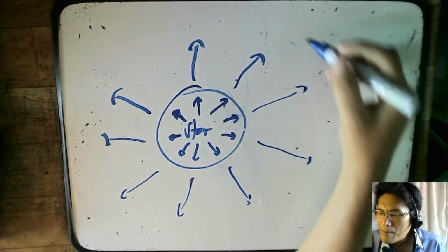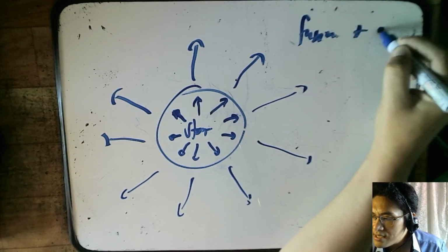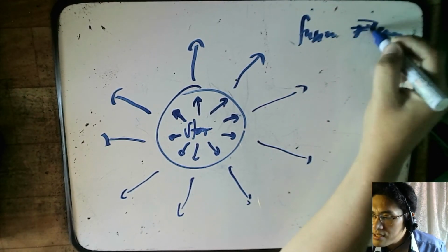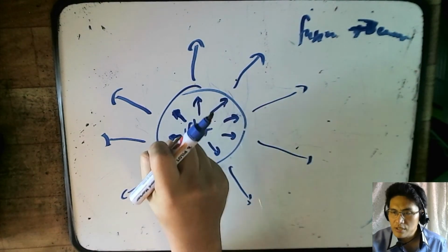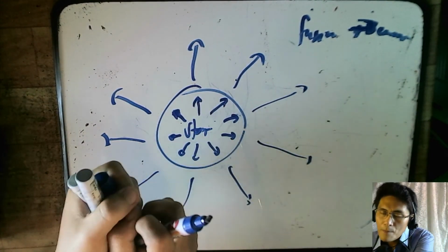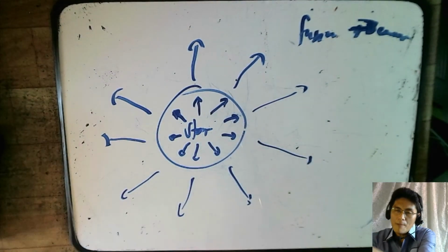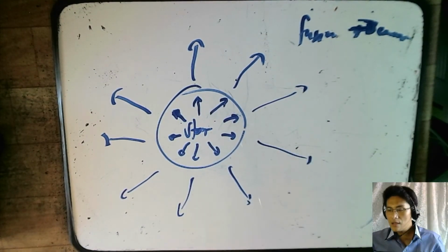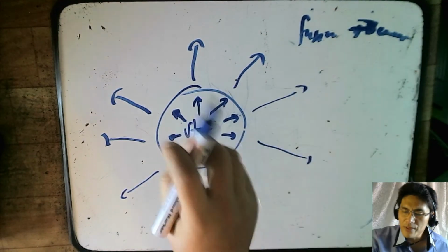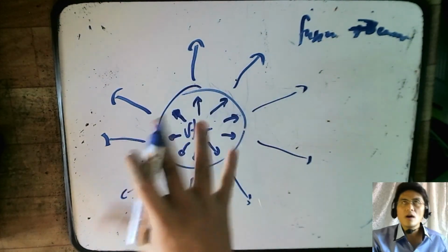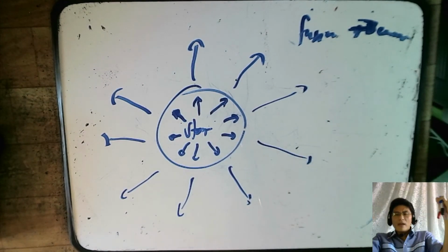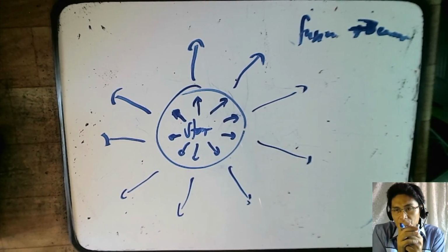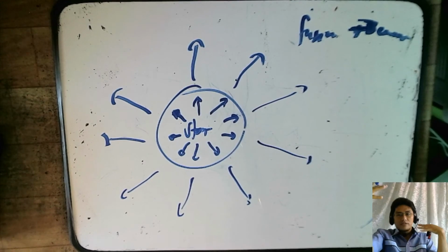Remember, the fusion process releases energy. So when hydrogen and hydrogen are fused, it releases energy, and that energy gets emanated outwards, right? But the problem is, if the energy is emanated outwards, wouldn't the star expand and expand and expand? Because after all, the energy would push it outwards, right?